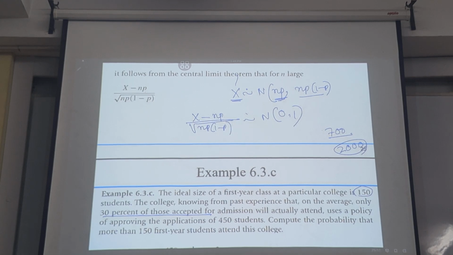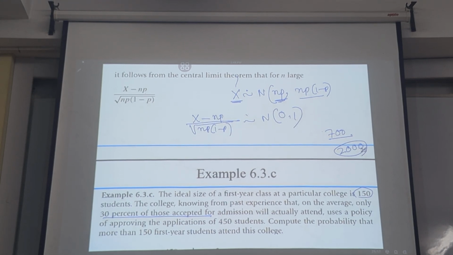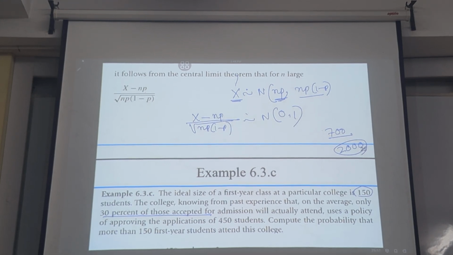That means on average 30% of the students accept admission. The remaining go to other universities. So, knowing that only 30% will accept the admission offer, the college uses a policy of approving the applications of 450 students.